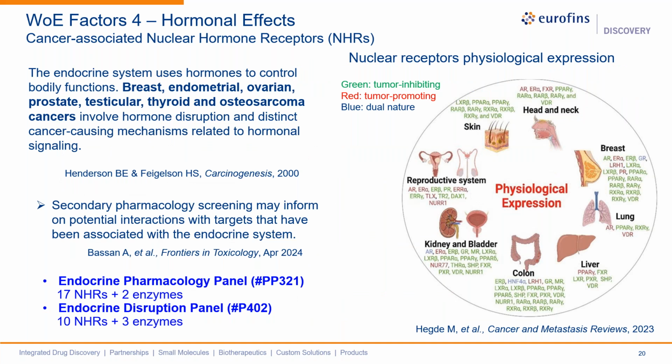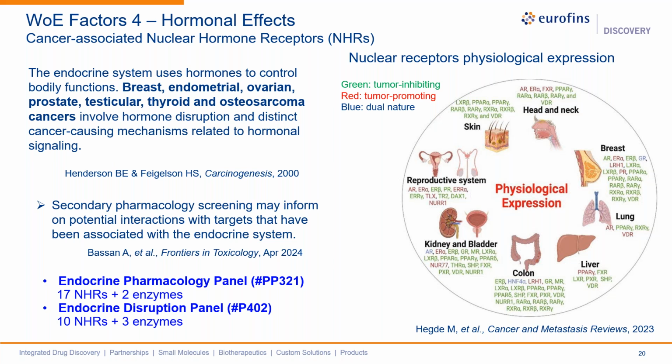Here, we focus on the in vitro assay for the nuclear hormone receptors, or NHR, which play critical roles in endocrine-related carcinogenesis. As highlighted in the review from 2000, multiple cancer types involve hormone disruption mechanisms, including breast cancer, endometrial cancer, ovarian cancer, prostate cancer, and other cancers.